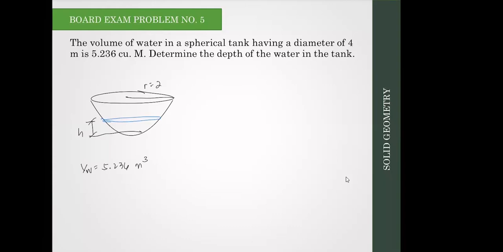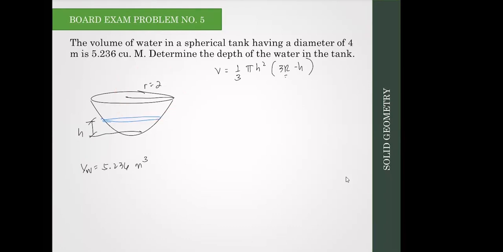Okay? So kapag sa spherical segment natin, may formula si textbook na volume is equals to 1/3 pi h squared times 3r minus h. Yung r natin is kung ano yung radius ng sphere natin.